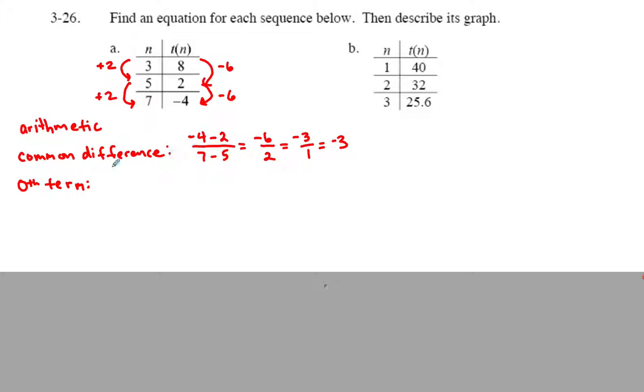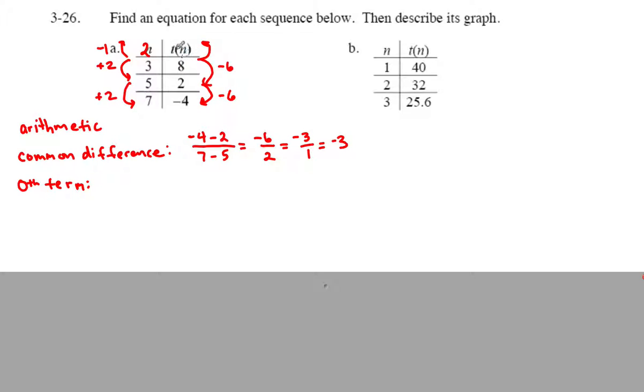Our 0th term can be found by either treating it like a function and finding the y-intercept, or you can just look at the pattern and go backwards. If we know that the third term is 8, then to go back just 1 term, I have to add 3 to go backwards.